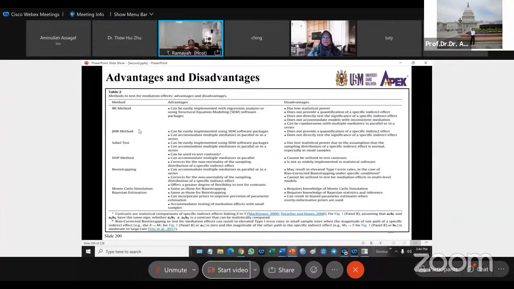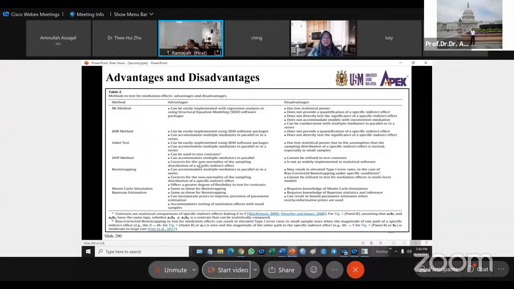Sobel test, distribution of product method, bootstrapping, Monte Carlo simulation, and Bayesian, these 5 are all explicit testing. So we have 7 different ways of testing. But in Malaysia, we only know 2, which is Barron and Kenny for a long time. Now we have changed to bootstrapping.